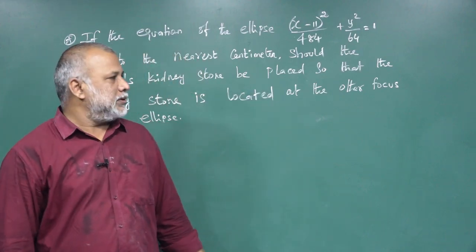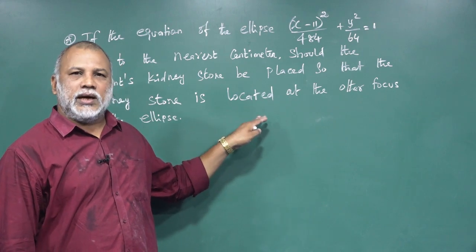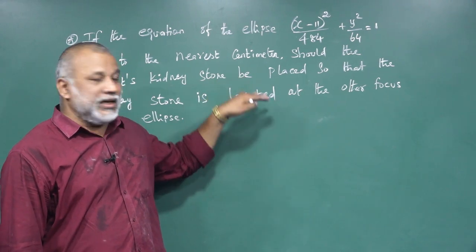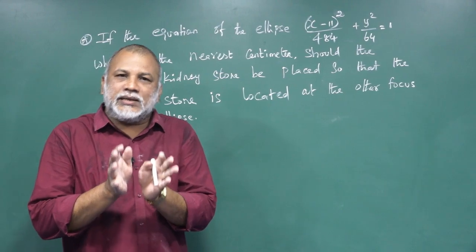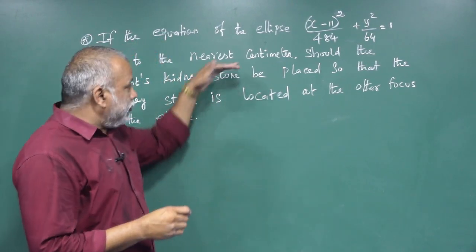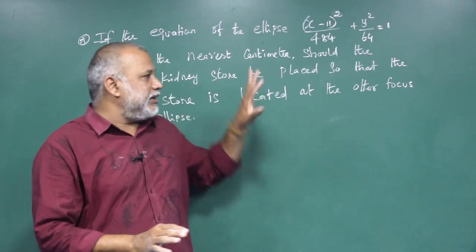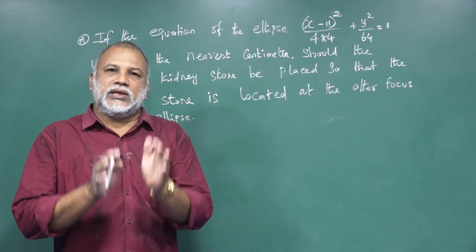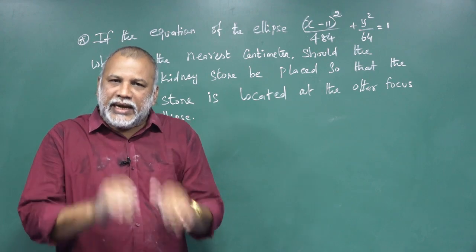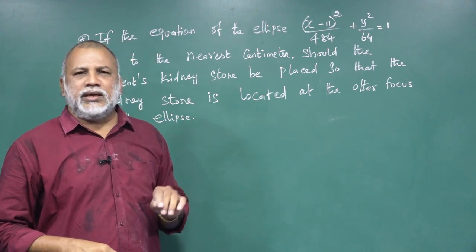Listen students, it is again one of the application problems. See, this is a medical related problem. Before explaining this, you have to understand the concept of this sum, and what medical field it relates to.